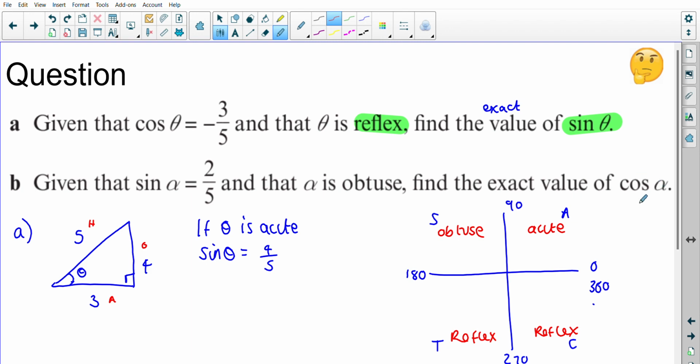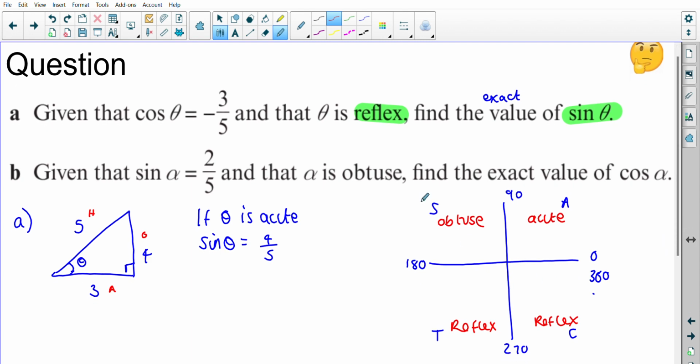Okay, so I'm either going to be in the 180 to 270 section or the 270 to 360 section. There is one giveaway, and the giveaway of knowing which one it is to do with this. It's telling me that cos theta is negative. So where is cos negative in the reflex sections? Well, this one here. So I have to go for this one.